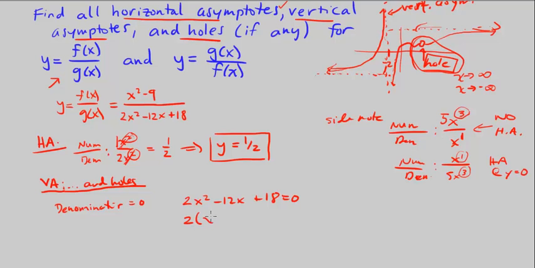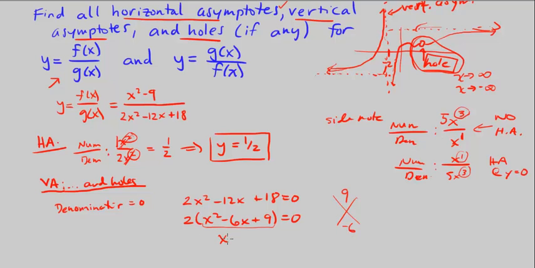Let's factor out a 2. Oops, I did not factor that well. x squared minus 6x plus 9, because we divide all the terms by 2. Okay, and then let's factor this. We can use the quadratic formula, or we can use the diamond method where we want numbers that multiply to get 9 and add to get negative 6.